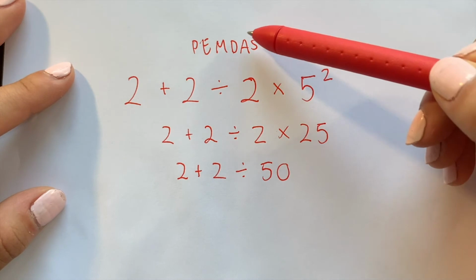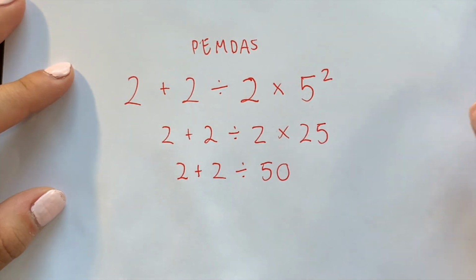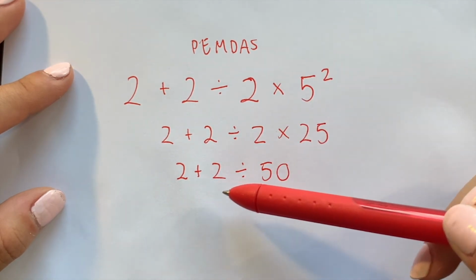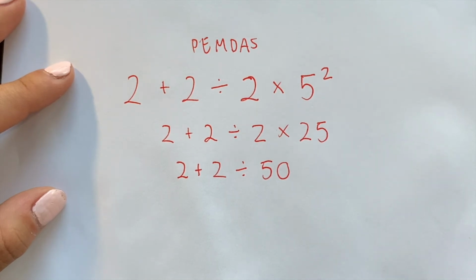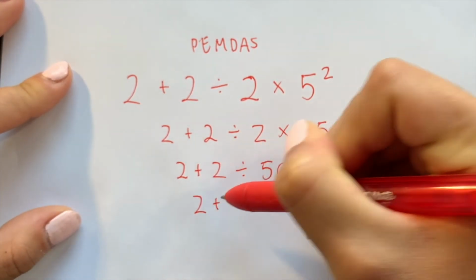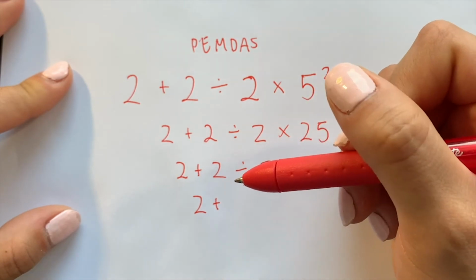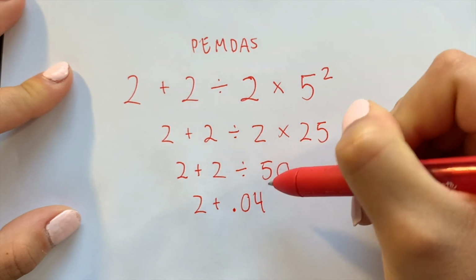Now that we've done multiplication, we jump onto division, which is next. So we would have to divide 2 by 50, which is going to give us an odd number. But go ahead and plug that into the calculator if you want, and that would give us 0.04, a decimal.